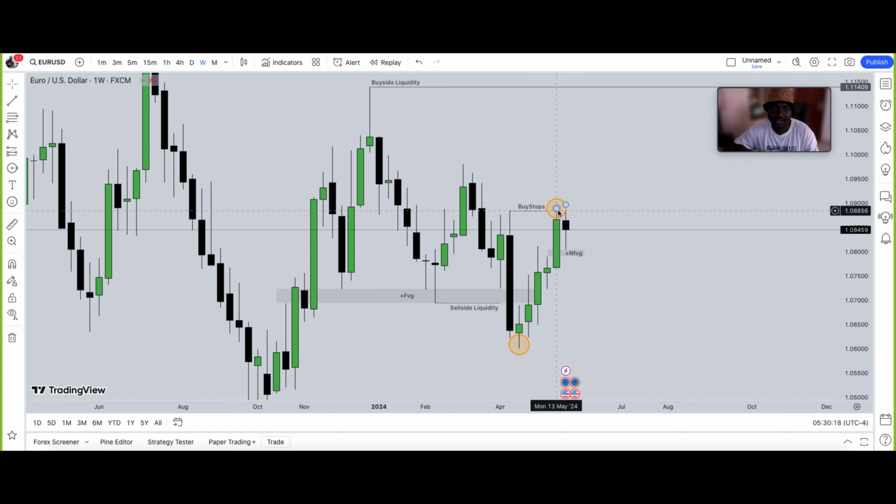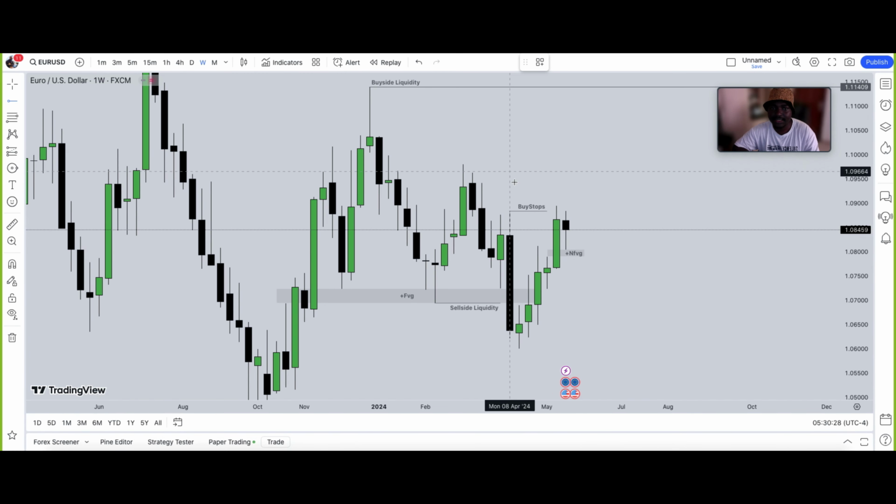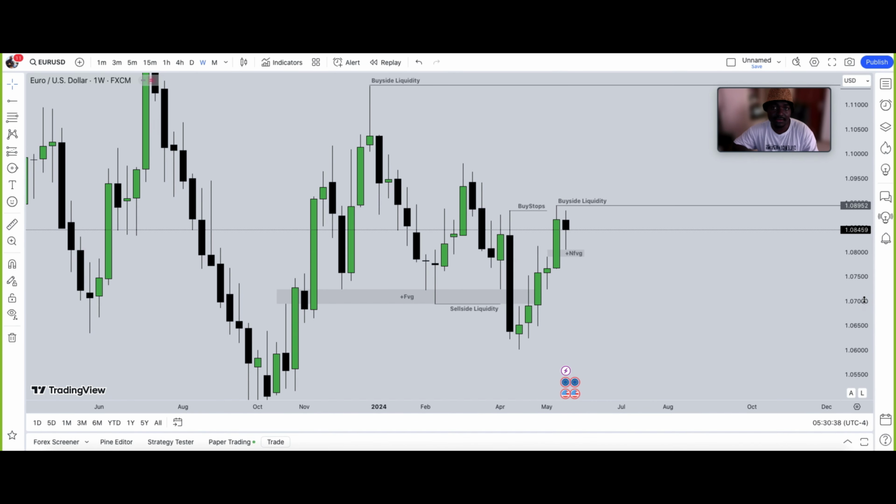So clearly we have a low, we have a high. What happens if price decides that it is willing to respect this fair value gap at that point? Then definitely we expect this high at this point here, which is a buy side liquidity, will be raided. That is my view.